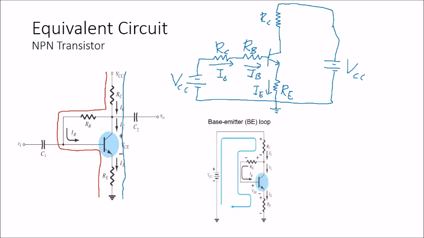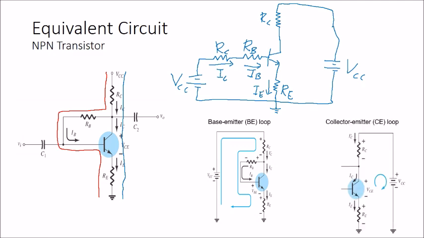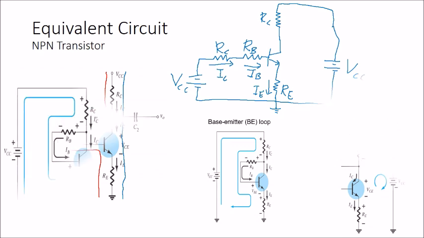These are the simplifications. Same thing, we have the VCC, then RC, then RB, and then the RE. And then we have the CE loop, which I can say is almost the same as the emitter bias configuration.